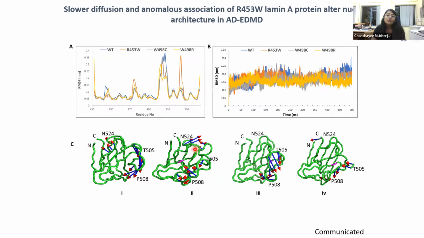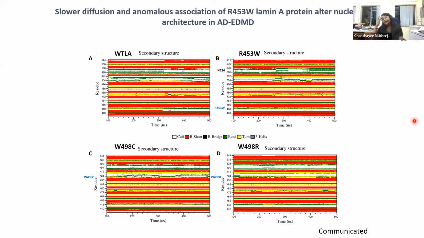In this case, for the residues near the mutation, the eigenvectors show the direction and the magnitude of the fluctuations, which is not noted in the other mutants or the wild type protein. We also studied the altered secondary structure for the mutant proteins with the help of the DSSP tool.